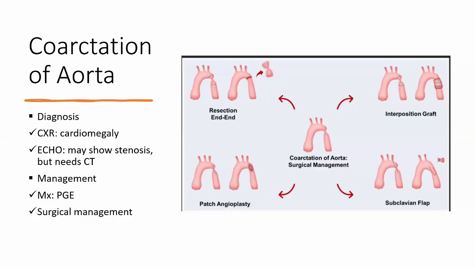the extent of the coarctation. And then in terms of management, in symptomatic neonates, prostaglandin E1 infusion should ideally be started to promote ductal patency, which helps to establish flow to the descending aorta and also to the kidneys.